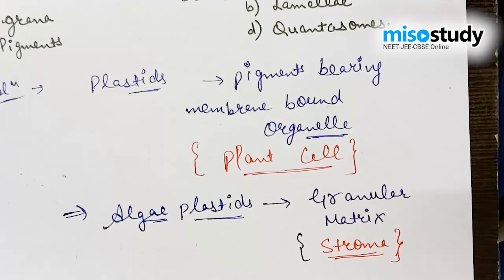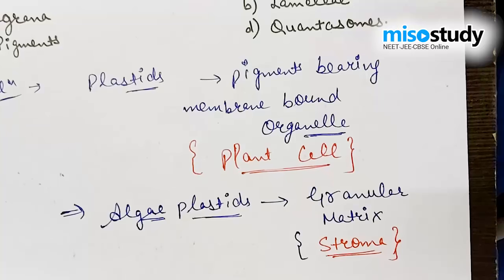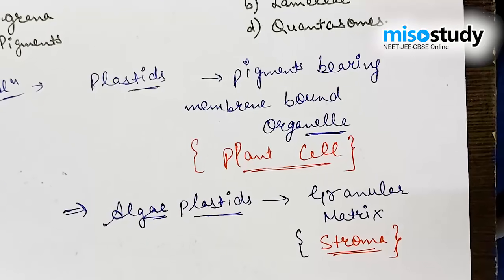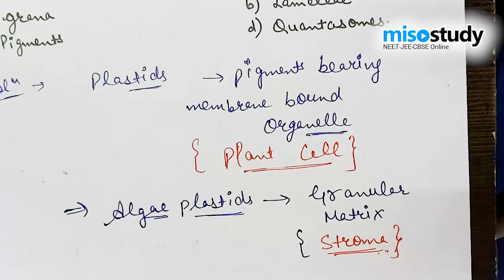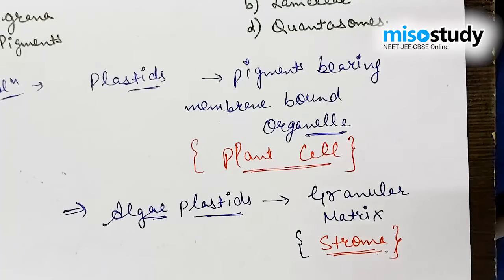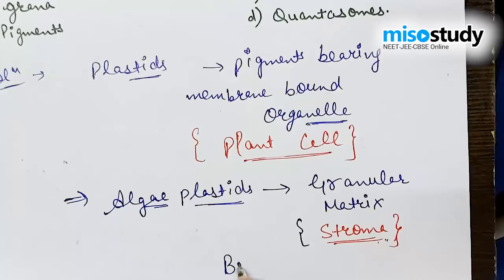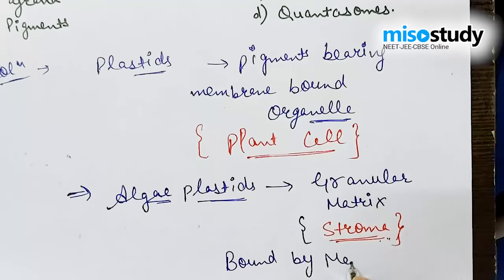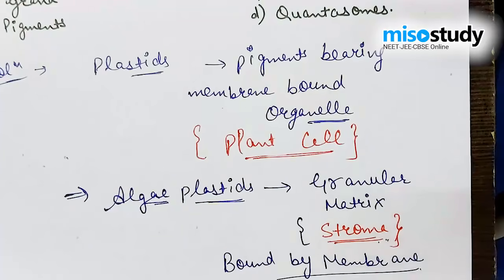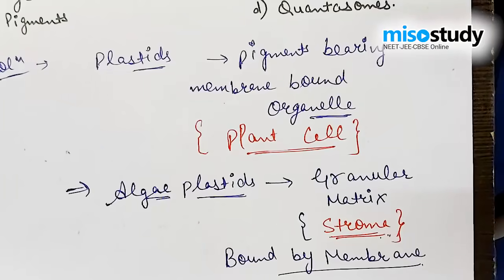Granular matrix, also named as stroma, as we discussed in photosynthesis: the lamellae, the granum, and the stroma. Stroma is basically the cytoplasm and matrix kind of part that is generally bound by membrane.